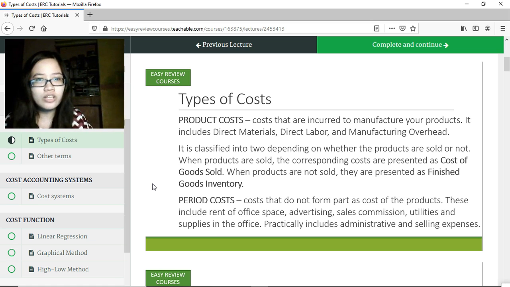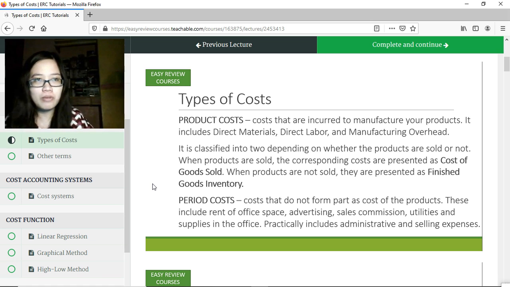Right? So, ito naman, kina-classify into two depending on whether the products are sold or not. So, kapag nabenta yung products, malilipat na siya sa sales. So, kailangan natin kunin yung cost of goods sold, right?